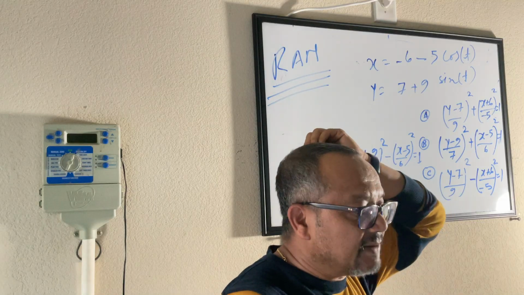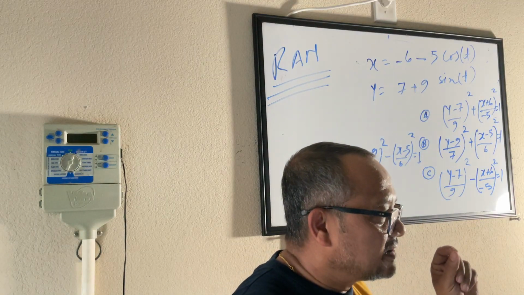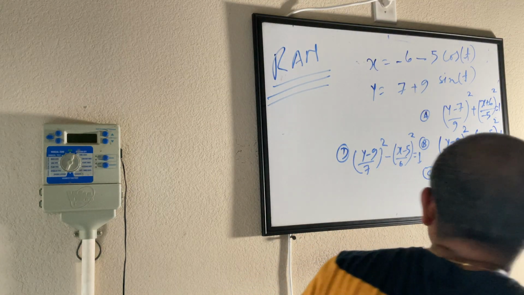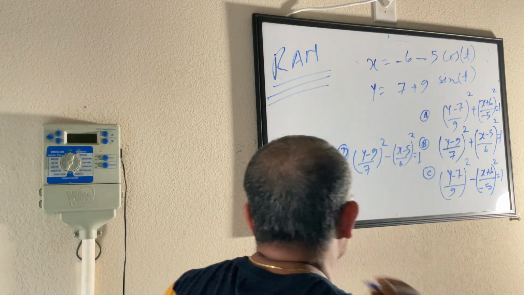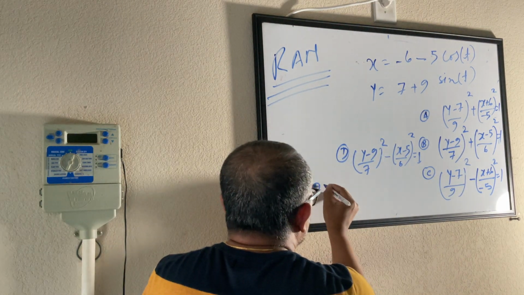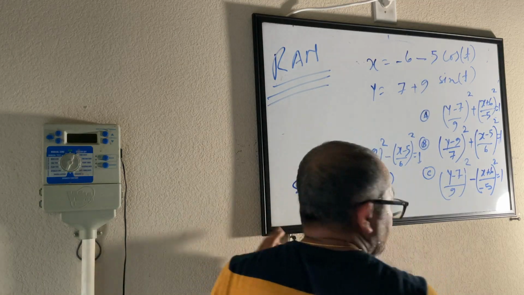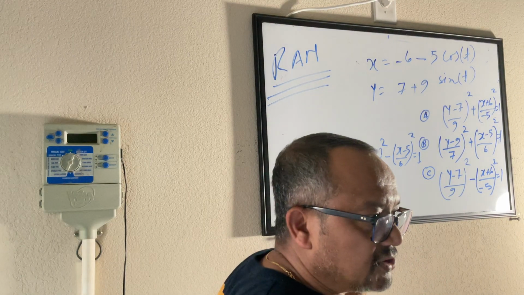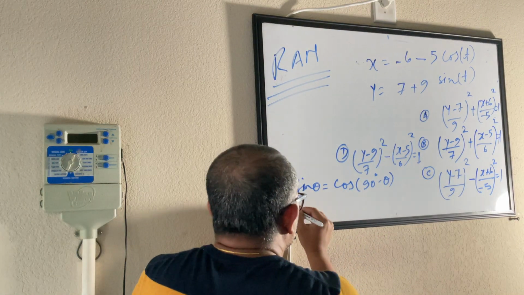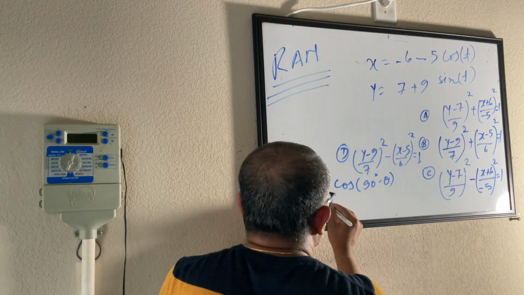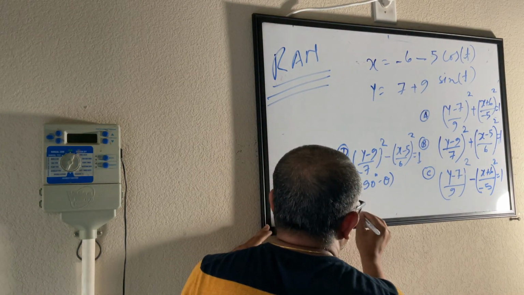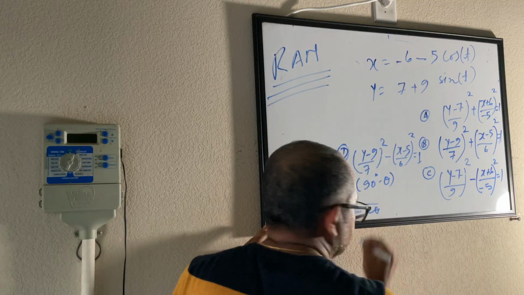I'm pretty sure all of you have dealt with trigonometry a little bit, right? And if you remember some of the rules of trigonometry: sine theta equal to cos of 90 degrees minus theta, composite angle theorem. Sine theta equal to 1 over cosec theta.